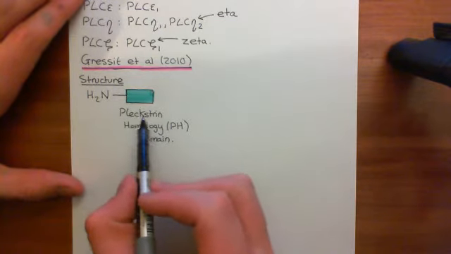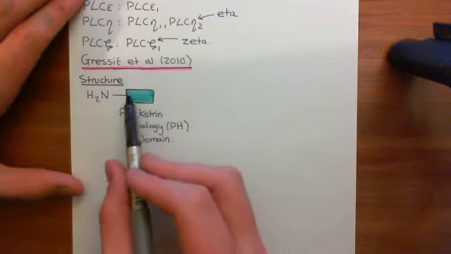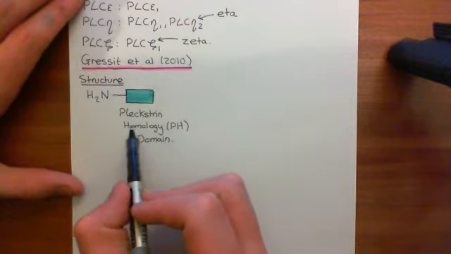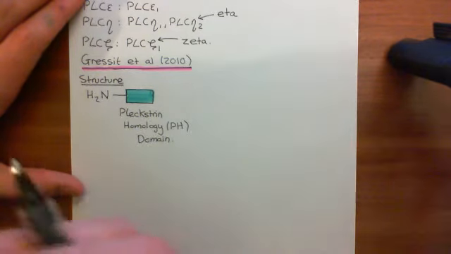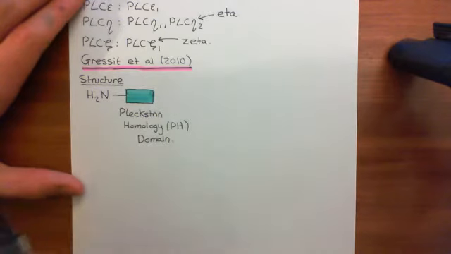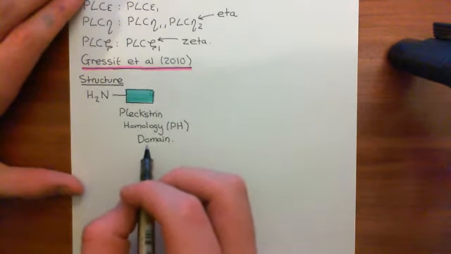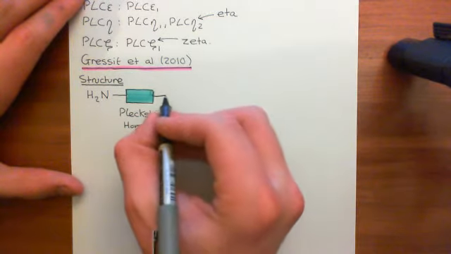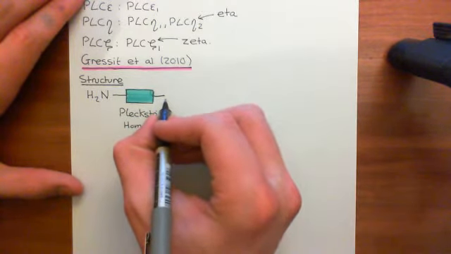All of these domains since have been named after that domain present in pleckstrin because they are homologous to it, which just means similar. So this is a domain that's similar to another domain within pleckstrin, and you find domains like this in many different proteins. So that's the first interesting domain within the primary structure of this phospholipase C gamma enzyme.